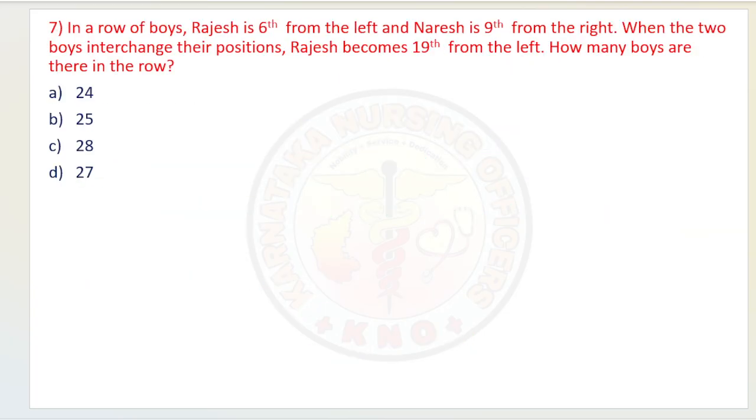Next question. In a row of boys, Rajesh is 6th from the left and Naresh is 9th from the right. When the two boys interchange their positions, Rajesh becomes 19th from the left. How many boys are there in the row? The options are 24, 25, 28, 27.